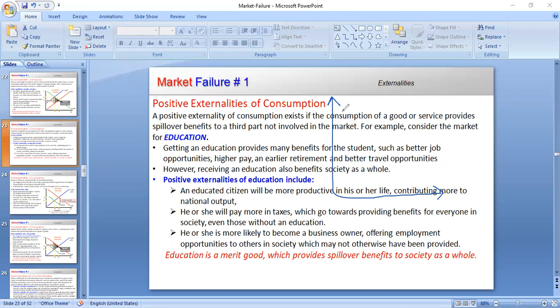We saw that if it is an externality in consumption, you're going to have two demand curves and one supply curve, right?